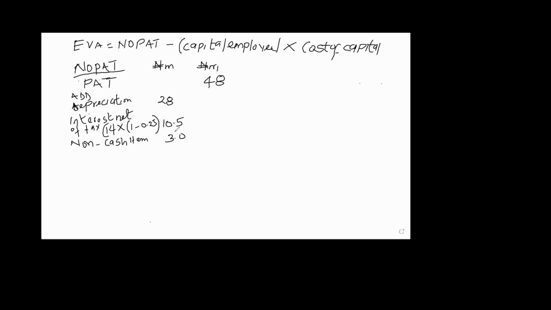We have provision for deferred taxation. Look at note number 3. Can we all see it? The examiner says an adjustment of 2 million for deferred taxation provision. Let's read that note.